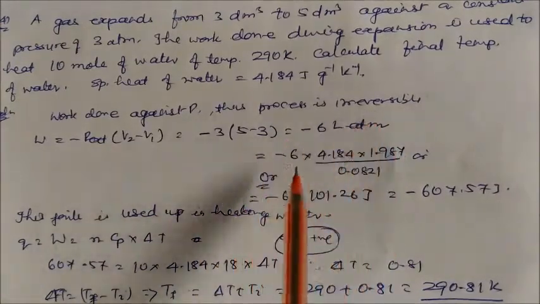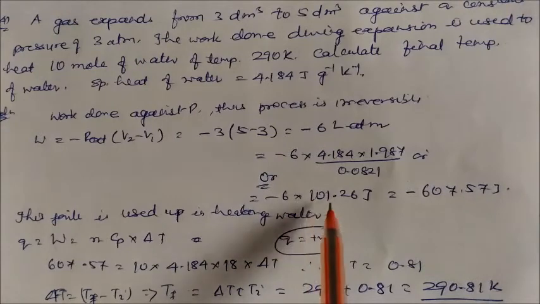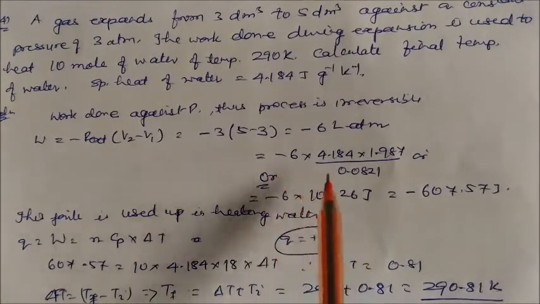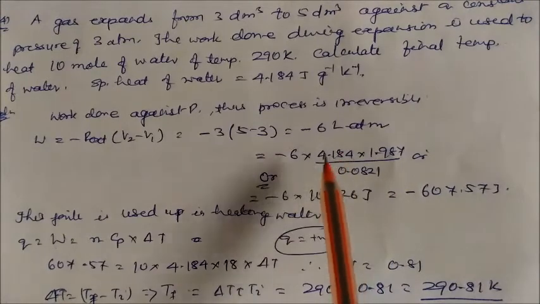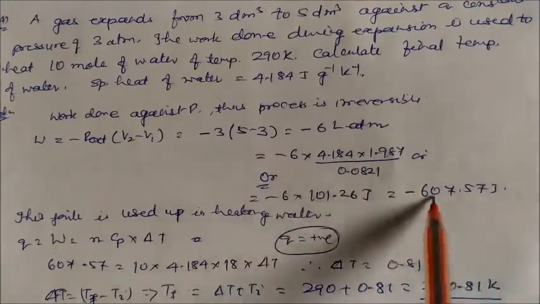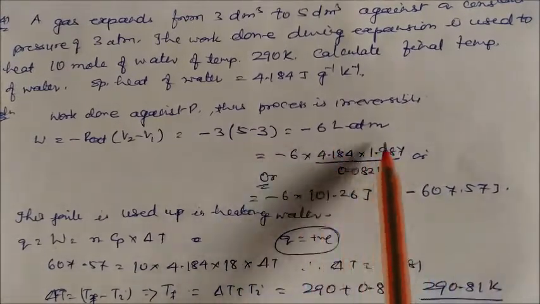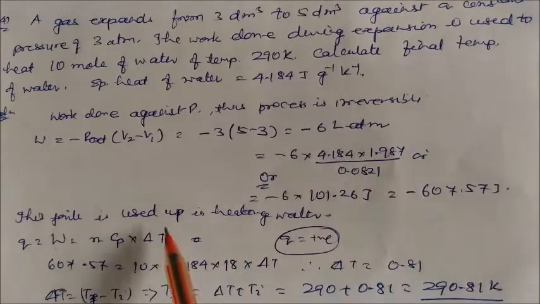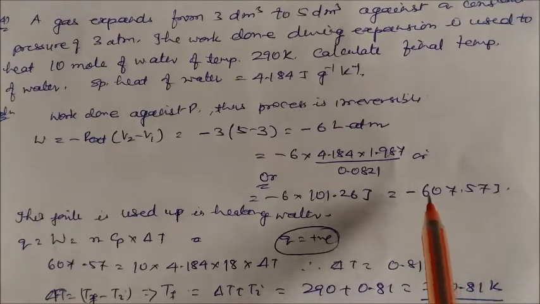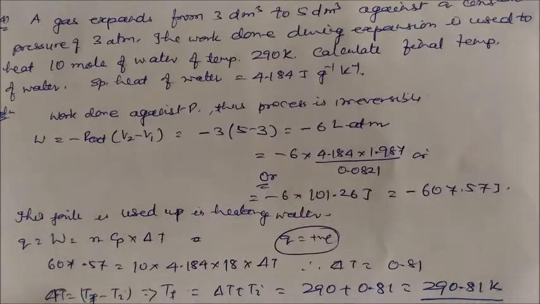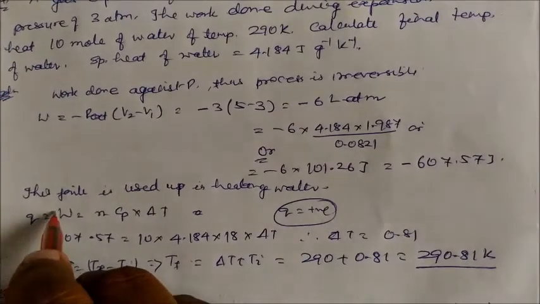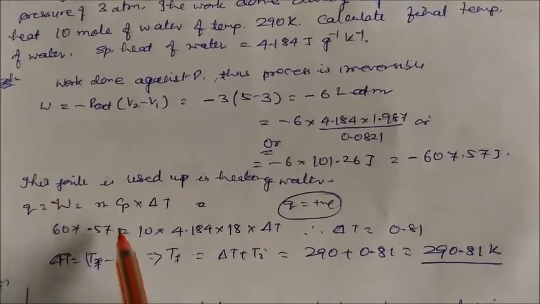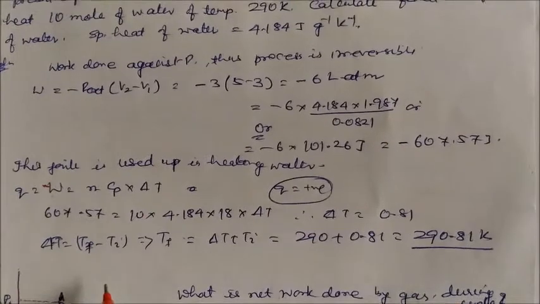If you want to convert into joule, you multiply the whole by 101.26, or you can write it in terms of R, that is 8.314 by this atmospheric constant, into 4.184. Both will give the same answer. This work done is actually converted to heat for heating water. This work done will be positive because it is adding to the water. So this minus W will be your Q, which is nCp into delta T because this is constant pressure.